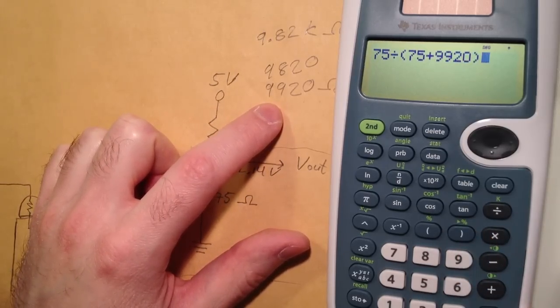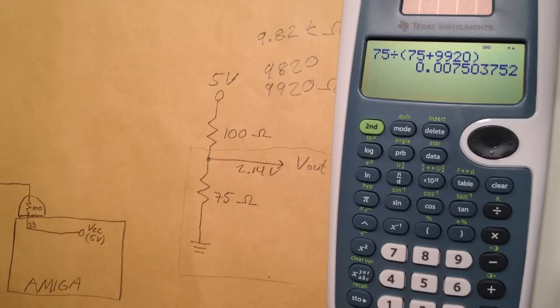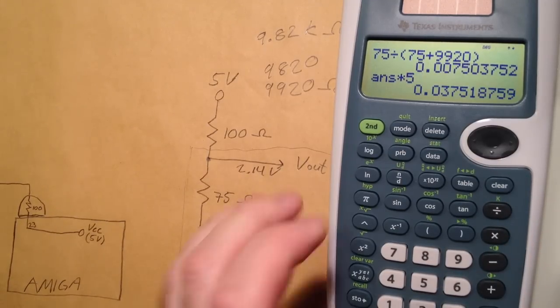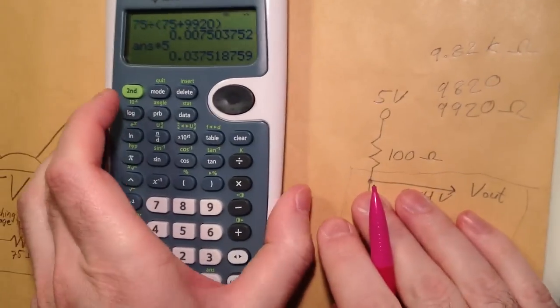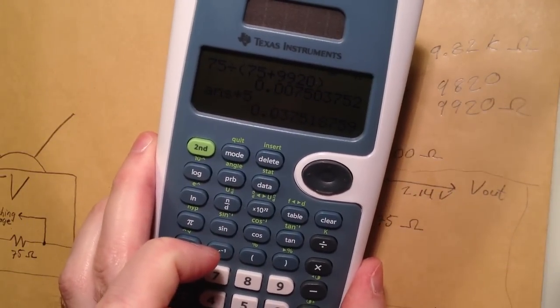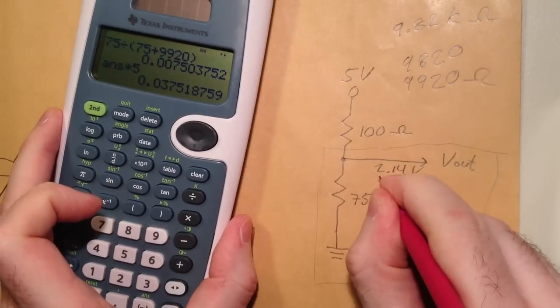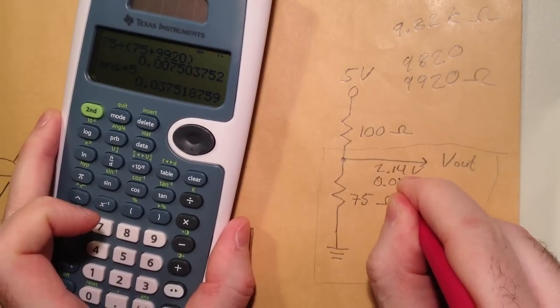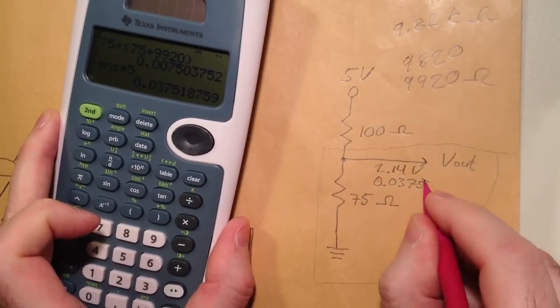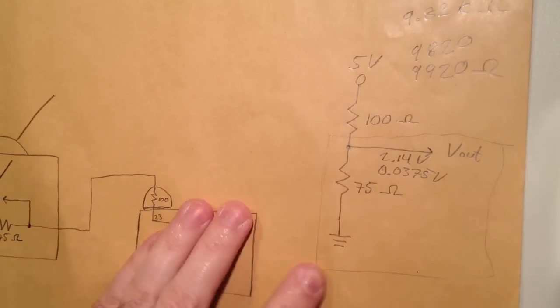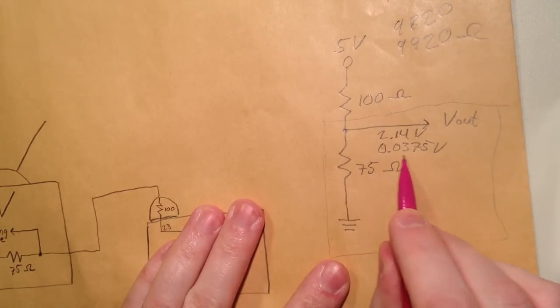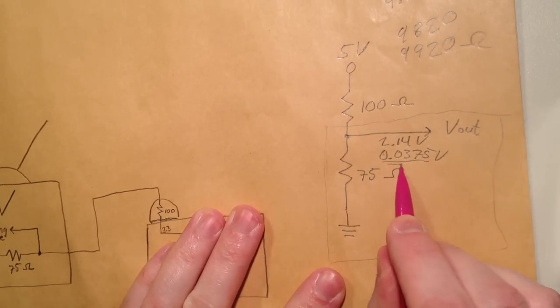9,920, close that, and then that equals 0.0075, and then times 5 volts, and what we're getting out here is 0.0375 volts, and that is not enough to switch the TV into RGB mode.